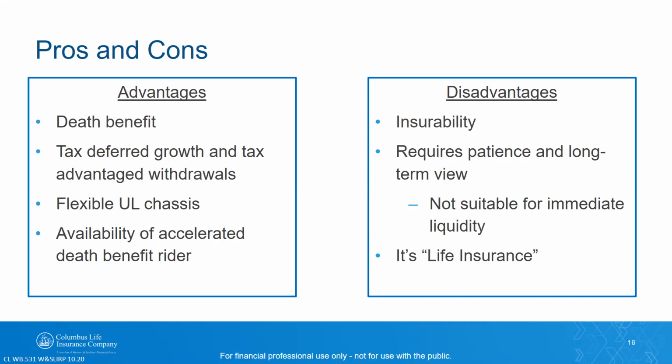But oftentimes what we find is the client will actually allow you that 10 or 15 years for this contract to grow, using their other retirement resources during that time frame, so that this can work to its best ability for the client. And it is life insurance, so it does have expenses involved in it that would not be involved in any other type of retirement plan.